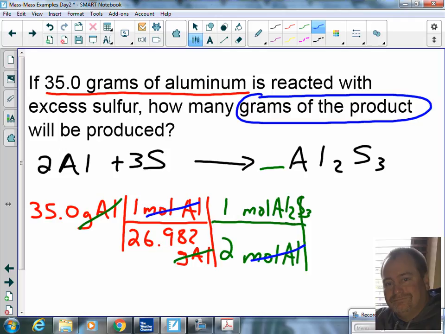Okay, my final step, Mercedes, is to do what? Okay, convert from moles of the unknown substance to what? Mass of the unknown substance. That is a flux capacitor move. Okay, so what am I going to put on the bottom?